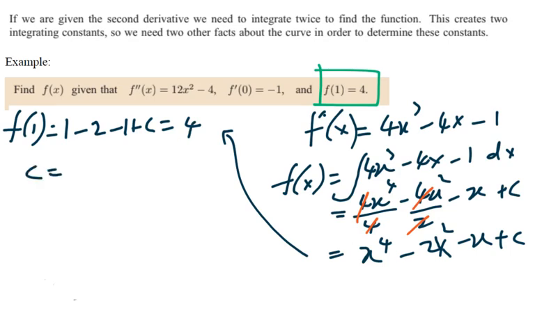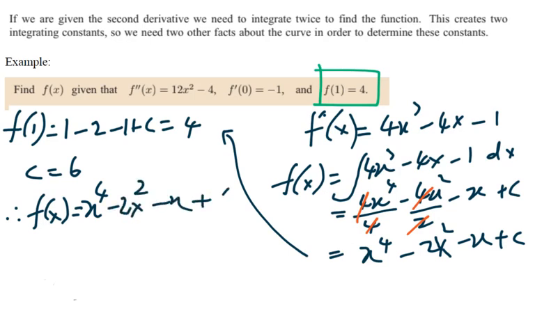Simplify the equation, and you will find that c is equivalent to 6. Hence, the function of f will be equivalent to x to the power of 4 minus 2x to the power of 2 minus x plus 6.